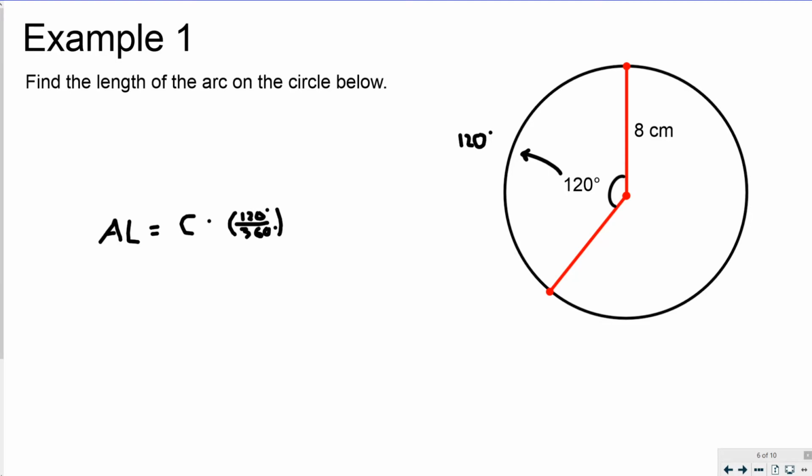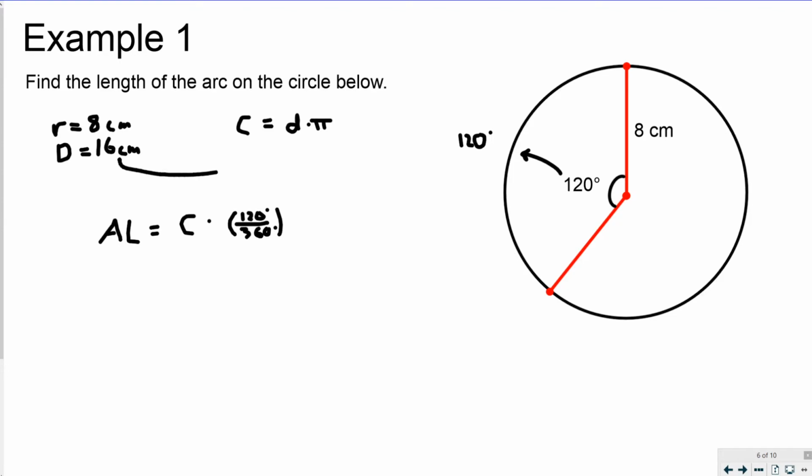To calculate the circumference, I'm going to use the formula that the circumference is equal to the diameter times pi. If I plug in what I know, the radius is 8 centimeters, so the diameter is double that, or 16 centimeters.